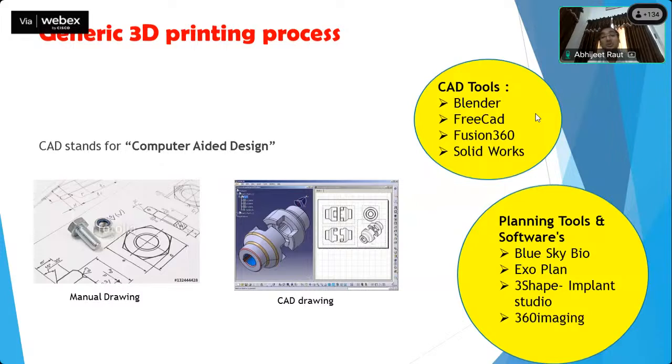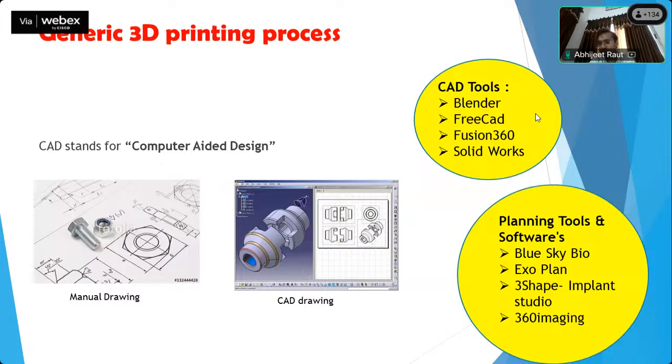So in schools also, they are using CAD software. These are the various CAD tools which you can use. Apart from that, as I told you, dentists and the medical fraternity use CAD as pre-processing for 3D printing.